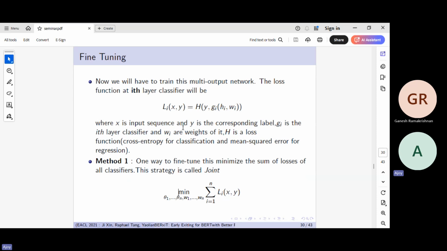Again, we define a loss function at each layer. It might be a cross entropy loss or a mean square error loss, depending on whether the task is classification or regression. Now we need to train this network. To train it, there are three methods proposed in the paper. The first method is just using the sum of all loss functions. We call it the joint strategy.